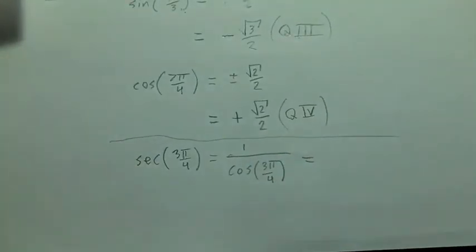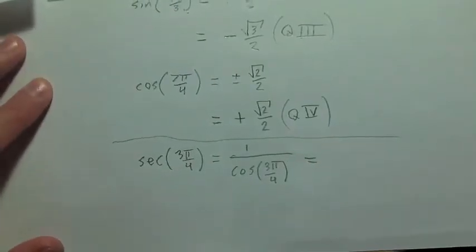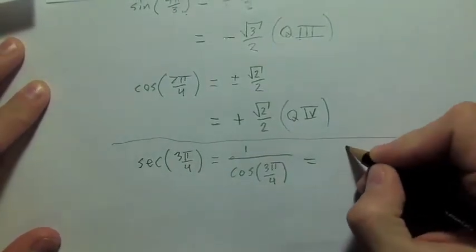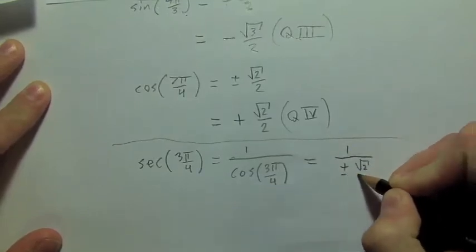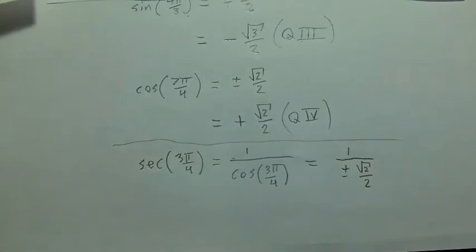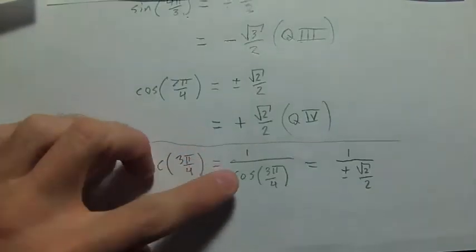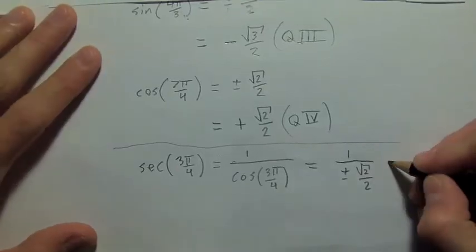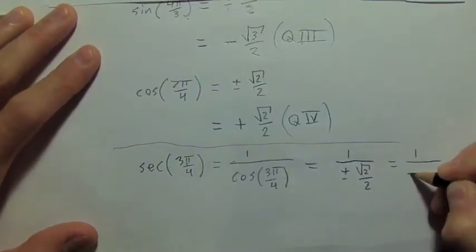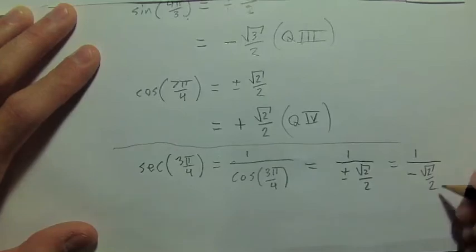Okay. And cosine of 3 pi over 4, well, it's a pi over 4, so I know for a fact it's plus or minus the square root of 2 over 2. Okay. Now, which one is it? Well, we got to think of which quadrant we're in. 1 less than the denominator, that means we're in quadrant 2, and cosine is negative in quadrant 2, so this is going to be 1 over negative square root of 2 over 2.